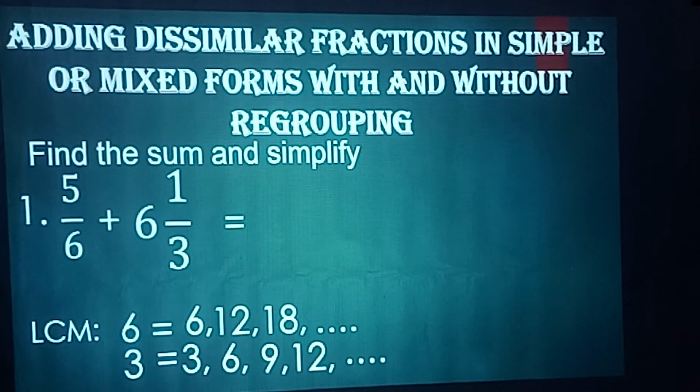So I stopped at 12. Why? Is because our number is 6 and 3. So therefore, the least common multiple of 6 and 3 is 6. Therefore, our LCD is 6.